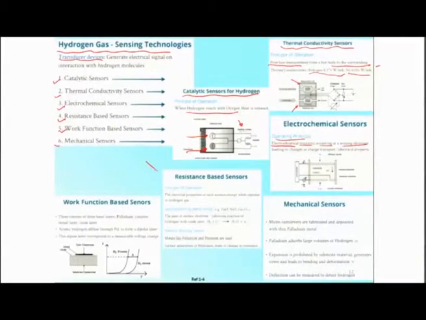And so, in these resistance based sensors, which are one of the most widely used sensors, particularly when we talk about gas sensing, their principle of operation is that in the presence of hydrogen, a specific change in the resistance happens because of formation of hydrides or states which have a very specific value of resistivity.